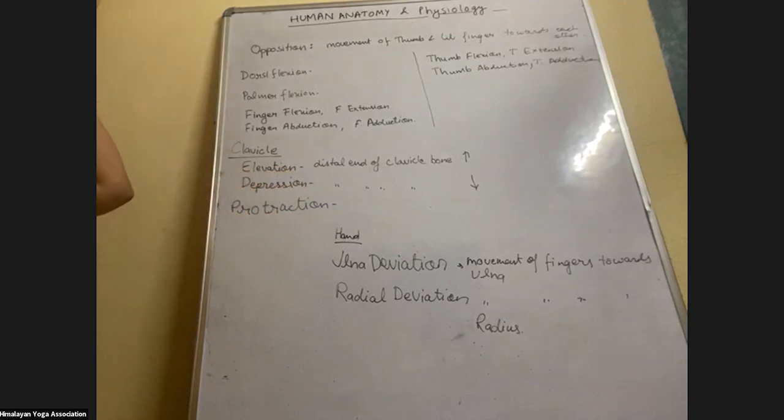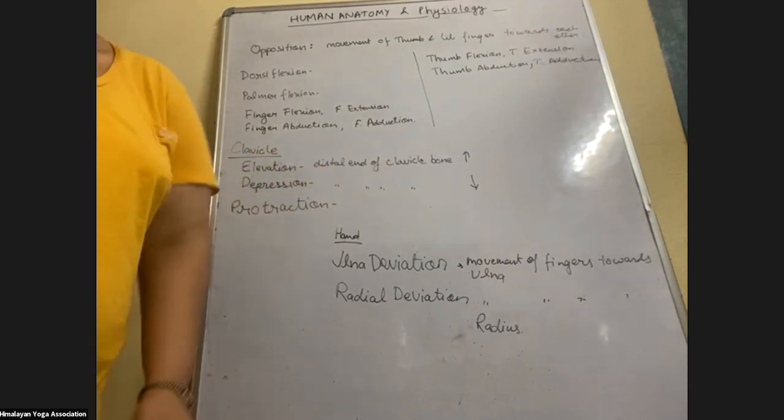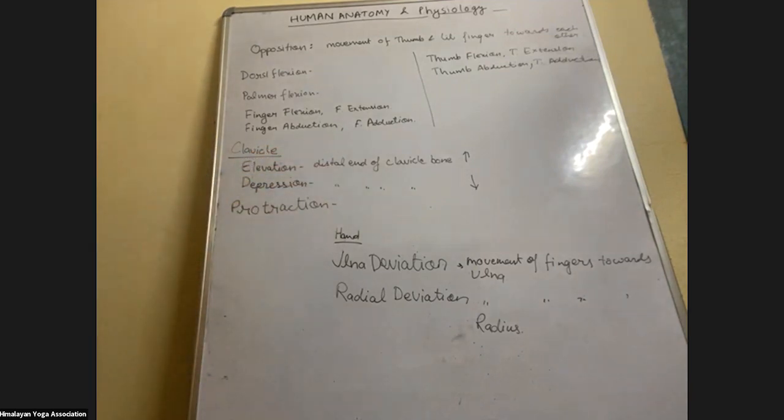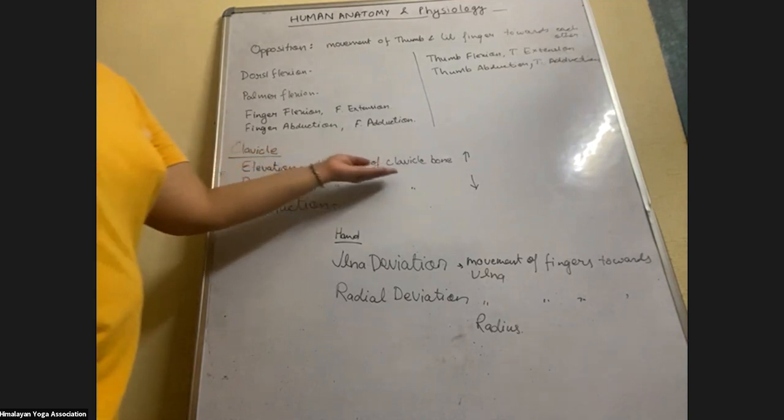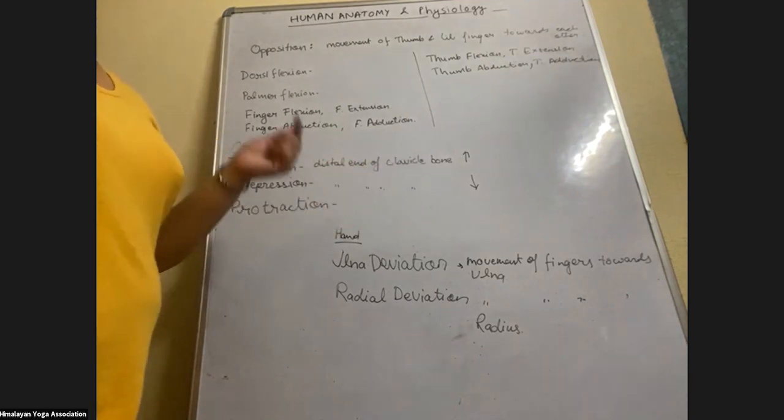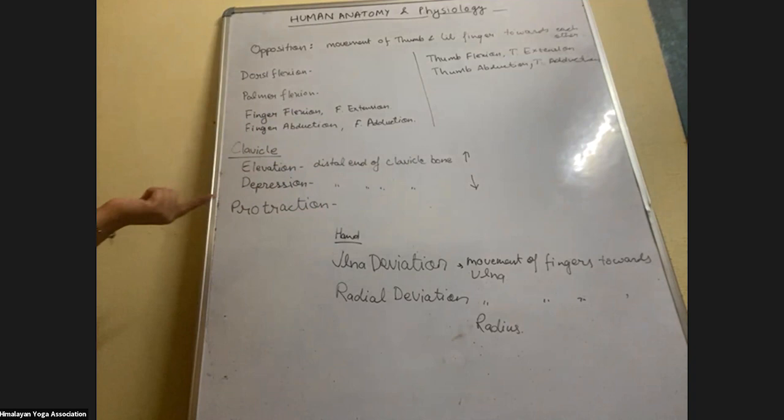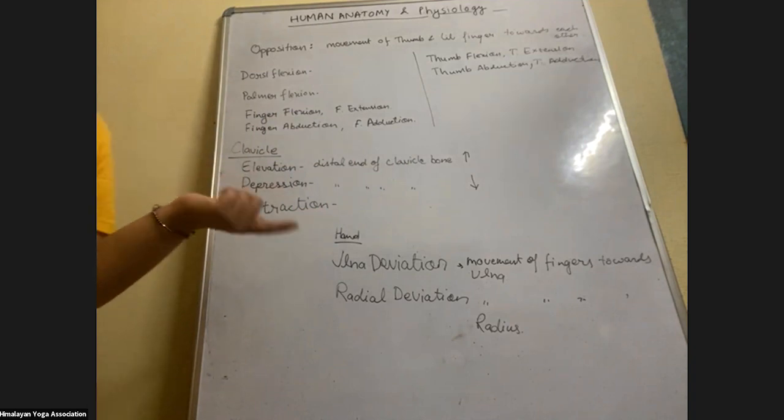Okay, please do it yourself. And if you have some people around you, ask them to move their shoulder forward, and then you see what is happening to their scapula. That is called protraction. So protraction is the distal end of the clavicle bone moving forward, which is accompanied by scapular protraction.